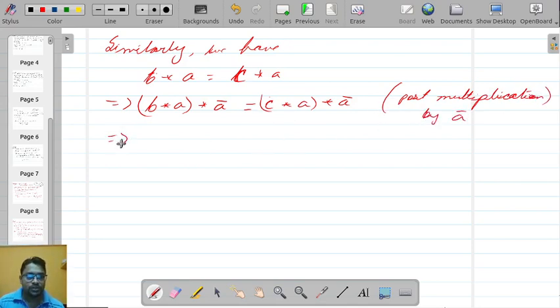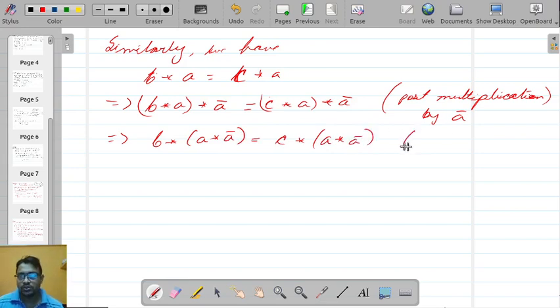Then again I apply the associative property. So B star A star A bar is the same as C star A star A bar. This is the associative property.